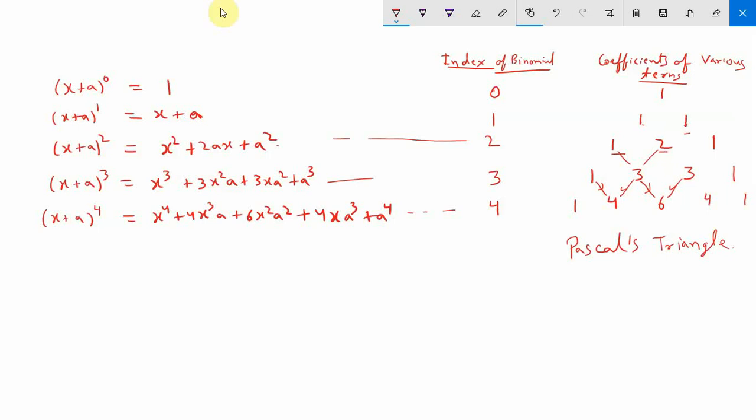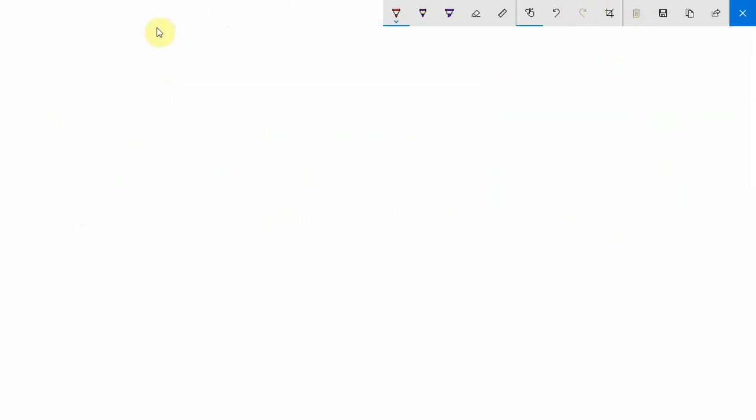We will now generalize this to higher powers. Okay, we will move to higher powers, then we will see how to expand. Now if we see the index of the binomial, here we will write coefficients of various terms.